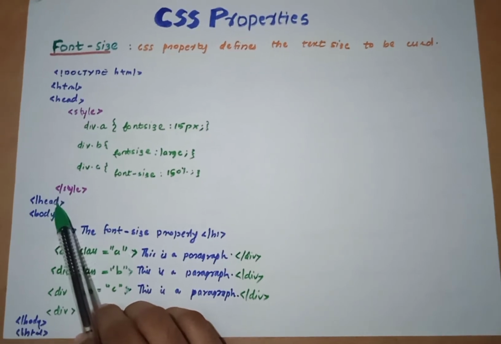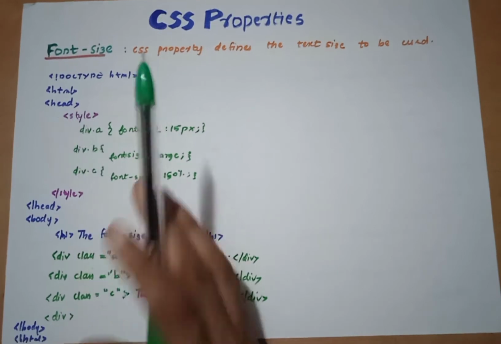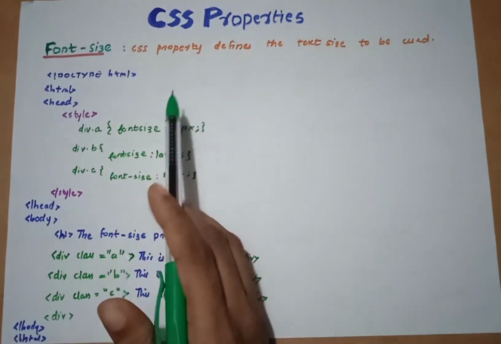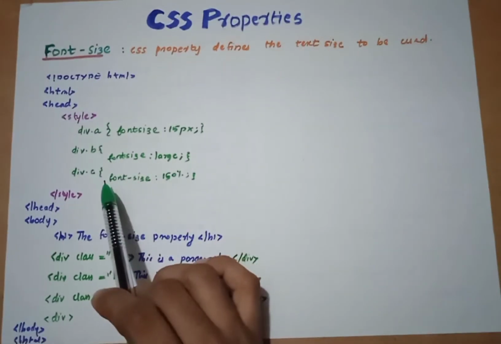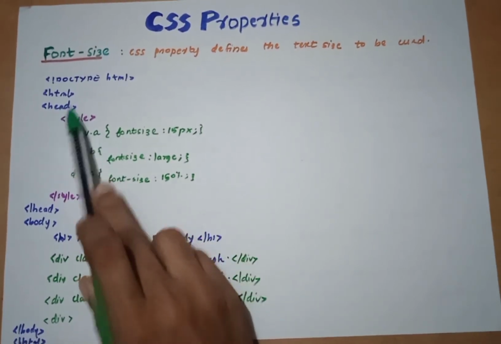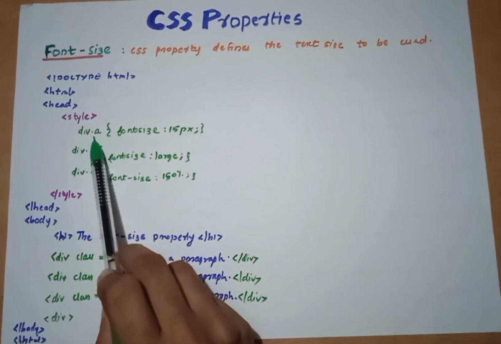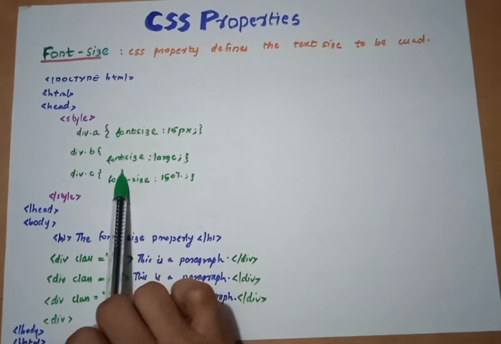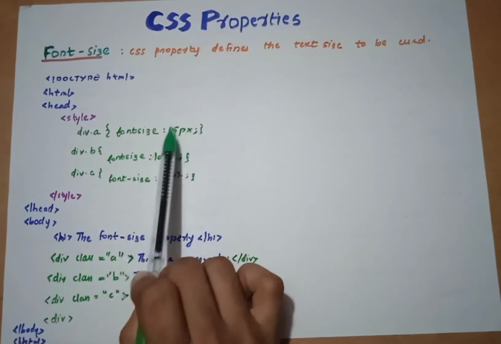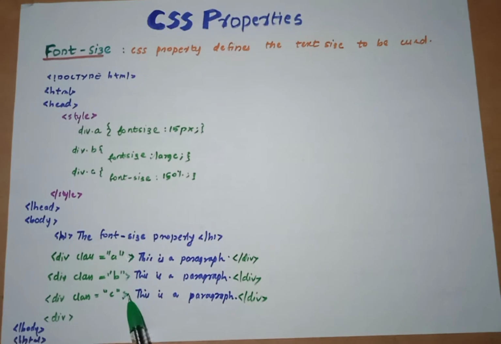That is how we include our styling in our code. Inside the head I have started a style tag, and inside you can see different ways of defining font styles with different values. It's closed, and I wrote something in my body.